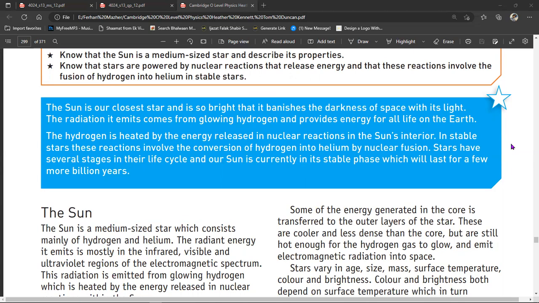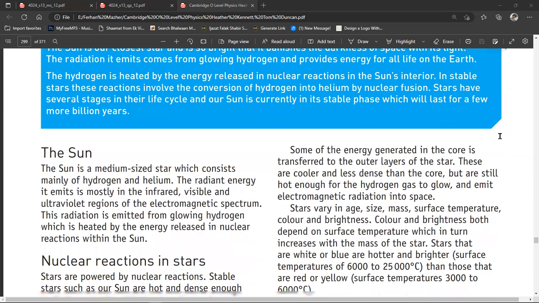In stable stars, these reactions involve the conversion of hydrogen into helium by nuclear fusion. Stars have several stages in their life cycle, and our sun is currently in its stable phase, which will last for a few more billion years.